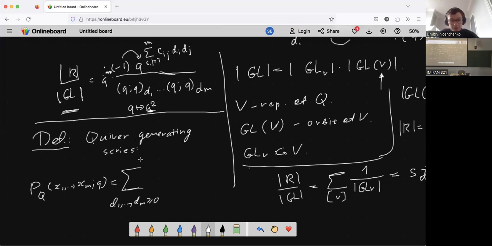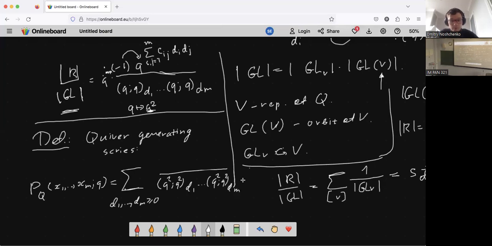So the final expression that we end up with would have q squared everywhere, d_1 up to d_m. And here would be the minus, which we put inside the summation.